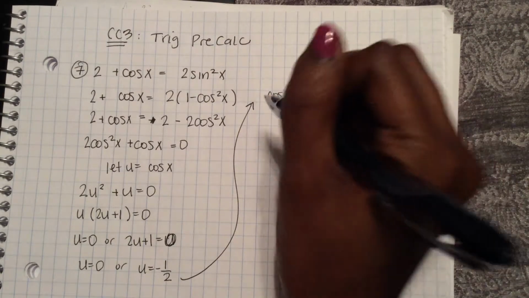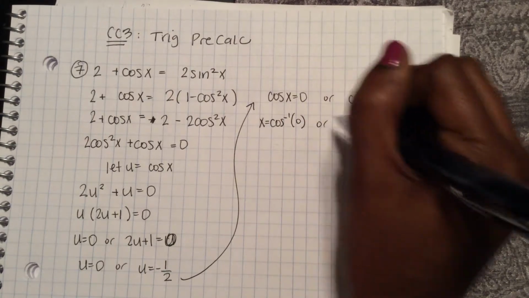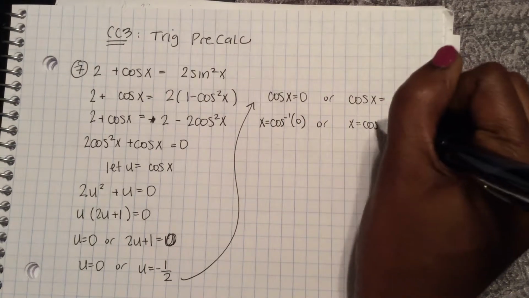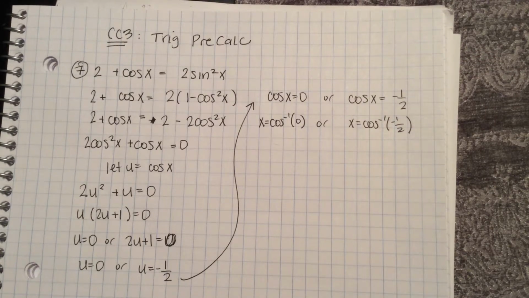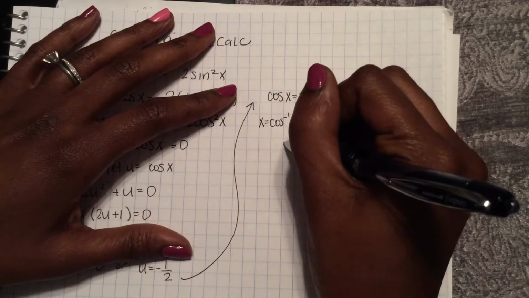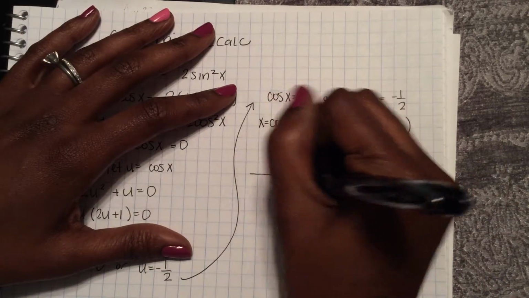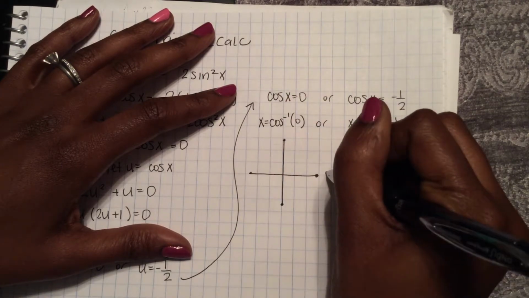So to solve for an angle, we do inverse trig. So when we do inverse trig, there's always more than one answer. So for 0, we're asking, where does cosine equal 0? So cosine and sine are zeros only on our quadrant angles.